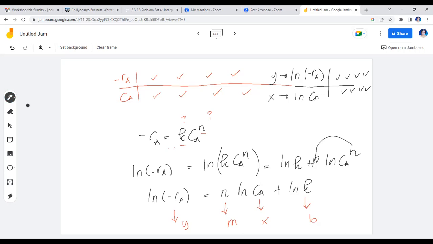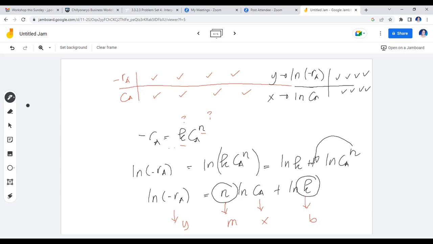You can use your calculators in the stat mode and then get the best fit line equation. Now, based on the best fit line equation, or you can do this properly on Excel, you'll get the slope of the line, which directly will give you the order of the reaction. And then the y-intercept of the line is your ln of K. If you take the exponential of that, then you will be able to get the very important rate constant.